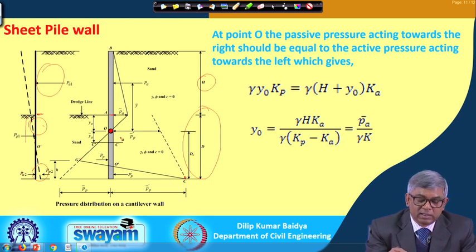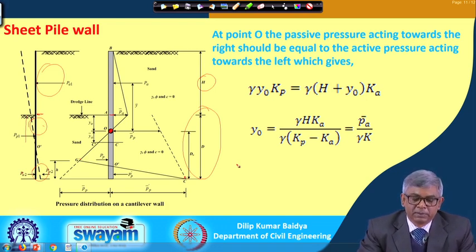These two together are the depth of embedment required, and once we get the depth of embedment based on this calculation, to have a definite factor of safety we can increase it by 20 to 40%. So, that becomes the final depth of embedment.